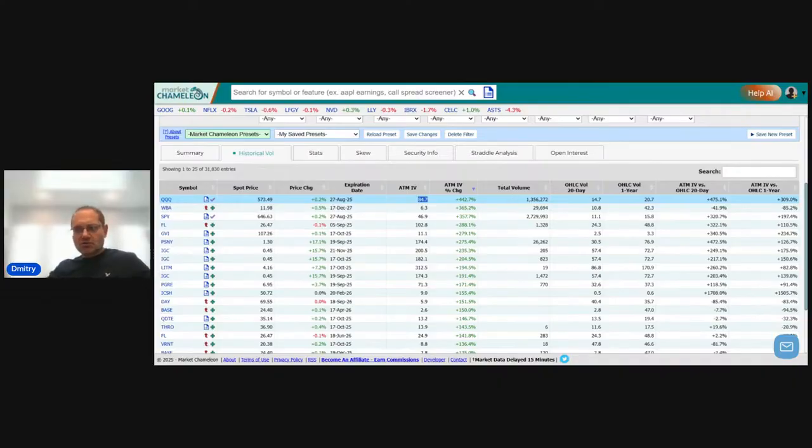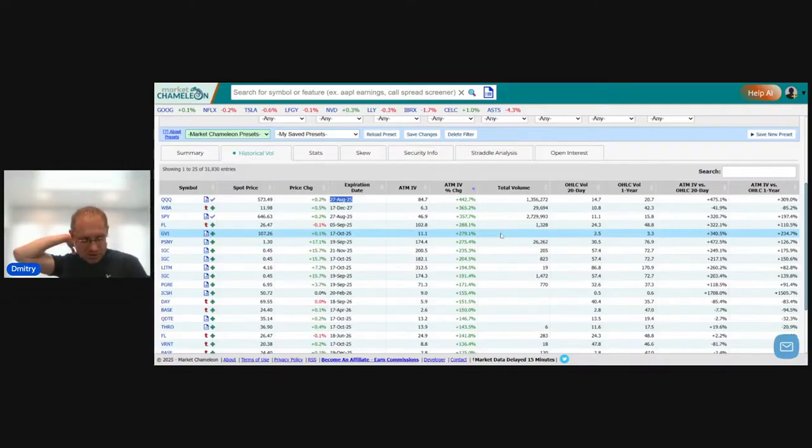So the idea is, well, how much did the current implied volatility, because the implied volatility is the market's implied or estimated volatility going forward, right? So this expiration already expired. This is yesterday's screener, end of day screener. We're not open yet today, so this is end of day yesterday.